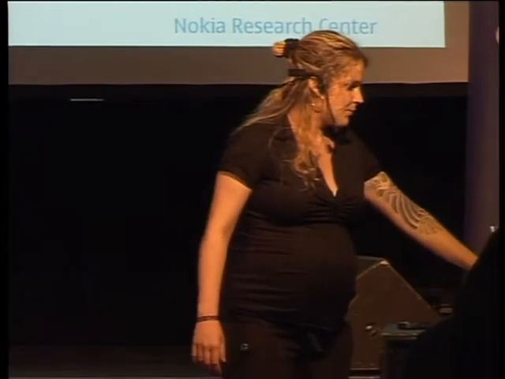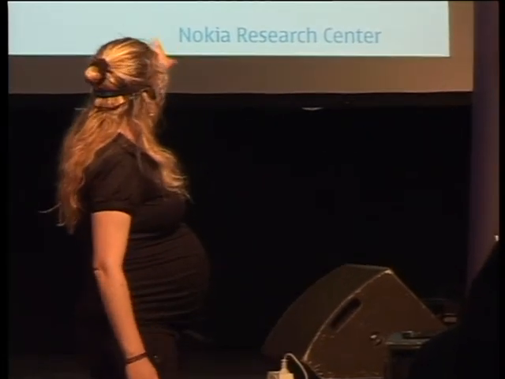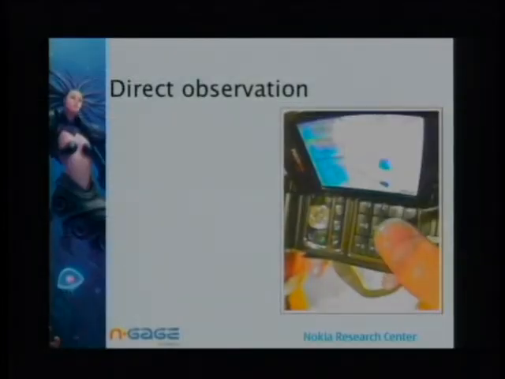Here in the picture you see a typical view of what the observers would see from the video camera, without the blurring though. So you would really see what keys they are pressing, what is happening in the game.